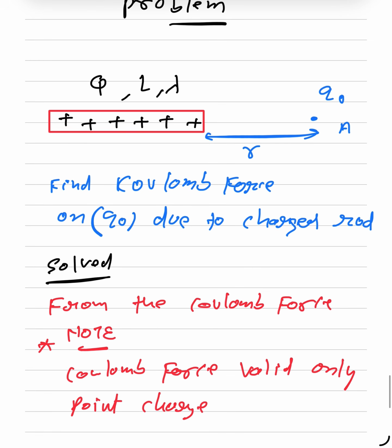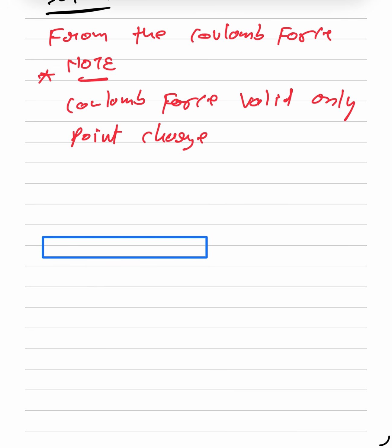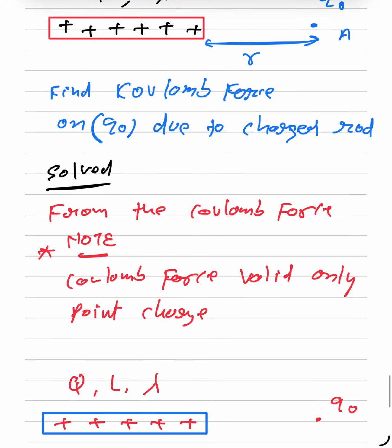In this situation, this is a uniformly charged rod with total charge Q, total length L, and lambda the linear charge density, and this is the next point charge Q naught, right?